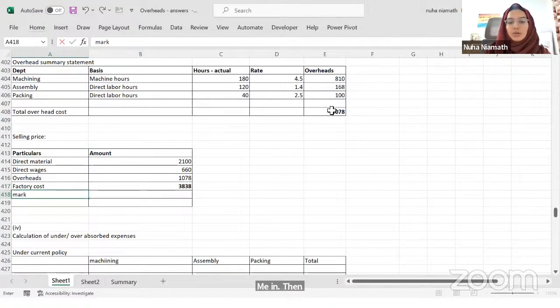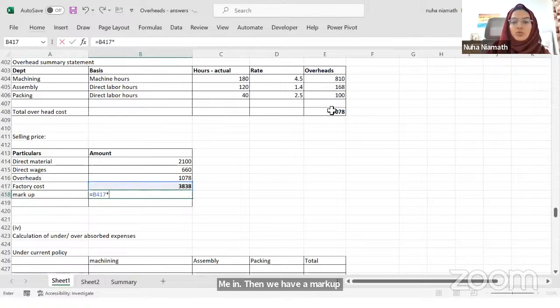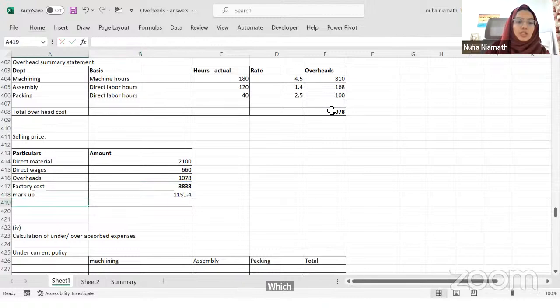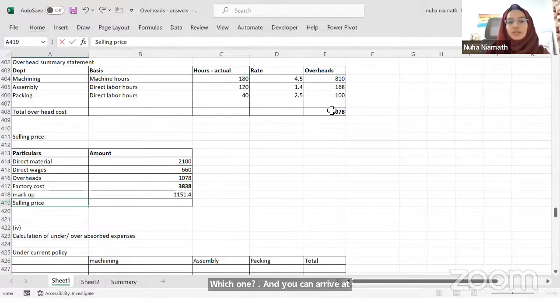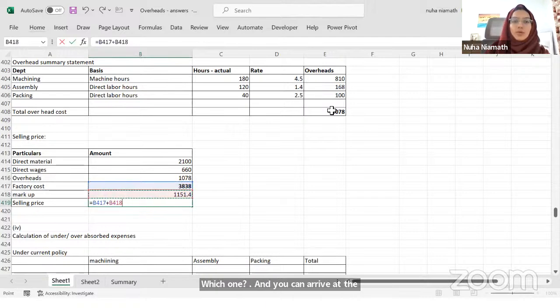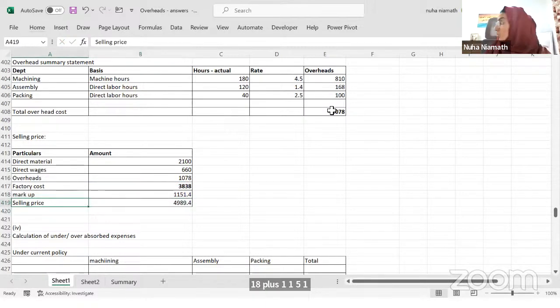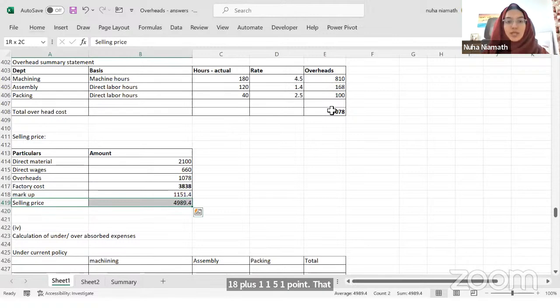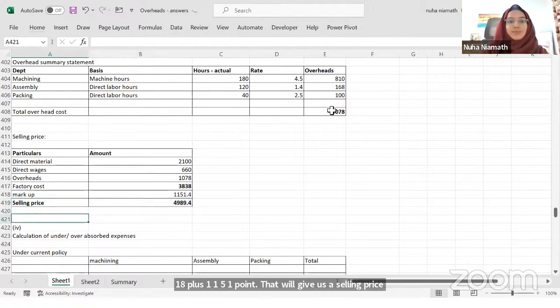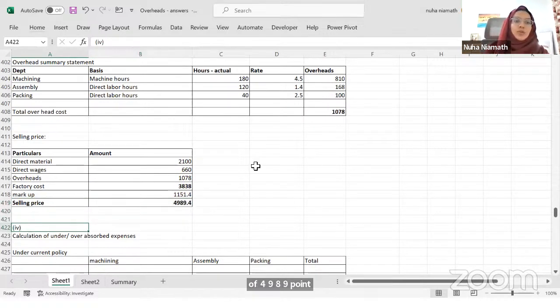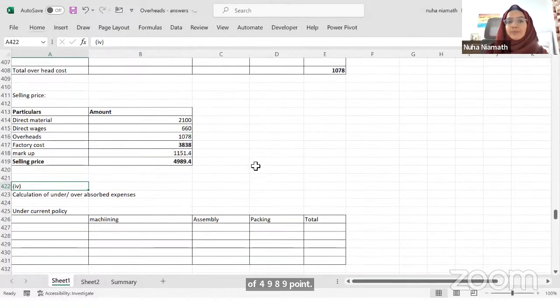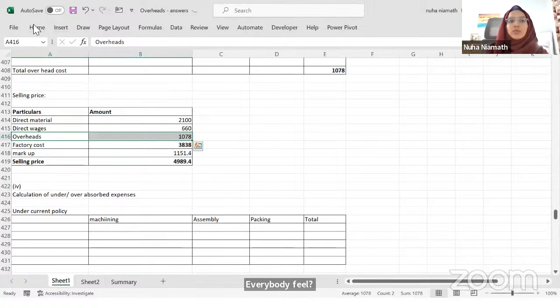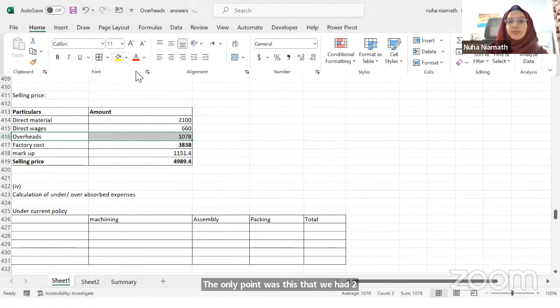Then we have a markup, which will be 3838 into 30%. And we can arrive at the selling price: 3838 plus 1151.4. That will give us a selling price of 4989. Everybody clear? The only point was this, that we had to recalculate.